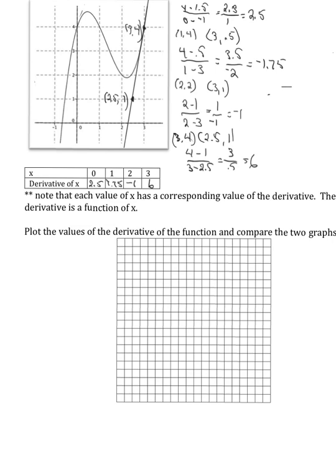So I'm going to draw my vertical axis down the left-hand side of the page. My horizontal axis, I'm going to put a little lower than the middle so that I can reach up as high as positive 6, but down as low as negative 2. So I'm going to put my horizontal axis right there. Now, I need to go from 0 to 3, so I'm going to allow 5 boxes for each one. 1, 2, 3.